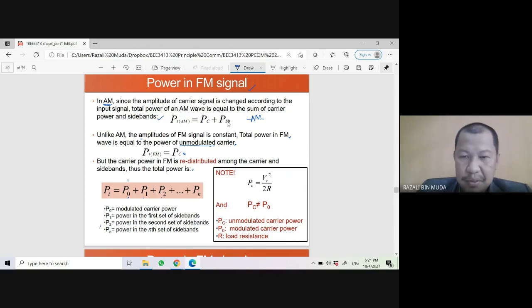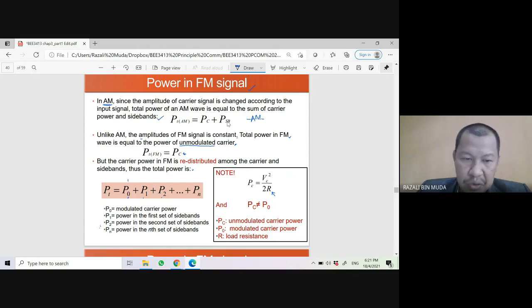Note that PC equals VC squared over 2R. This is the same formula as AM. PC is the unmodulated carrier power, VC is the carrier amplitude, squared over 2R, where R is the load resistance. PC is not equal to P0.